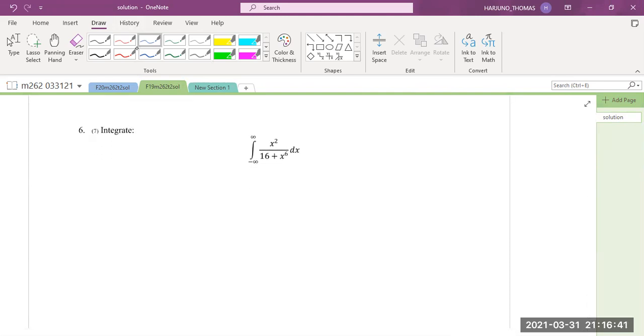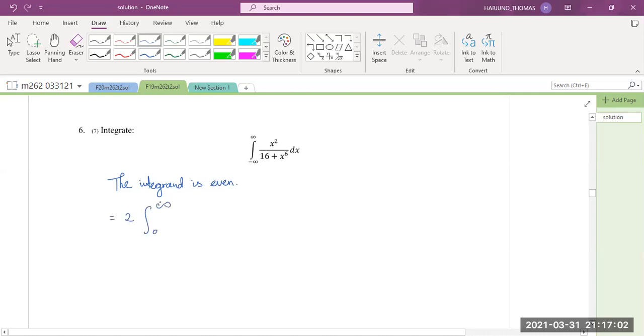The thing is, this is an even function. So the integrand is even. So you can say that's equal to 2 times the integral from 0 to infinity of x squared over 16 plus x to the 6 dx.